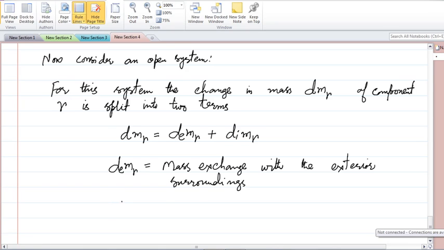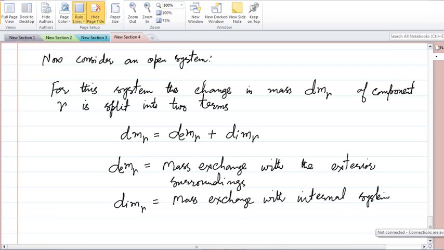And this d_i m gamma is basically the mass exchange with the internal system, or in other words, the internal changes inside the system.